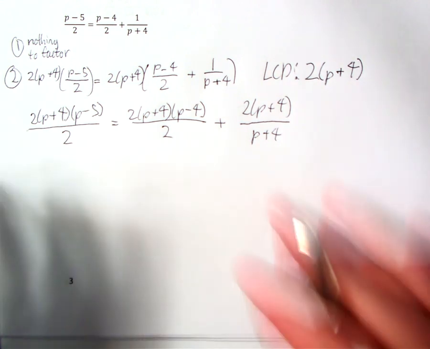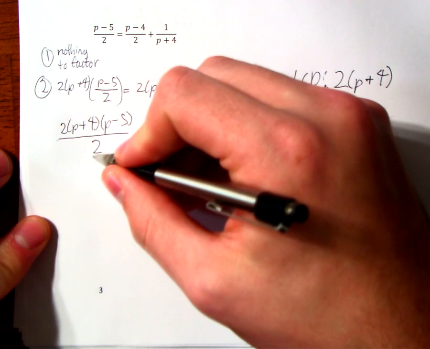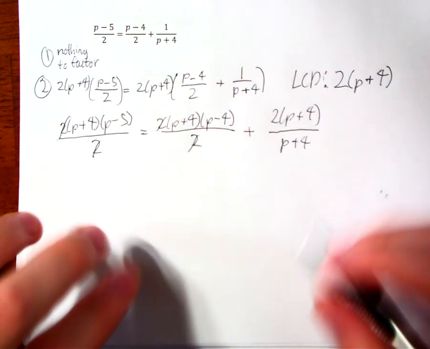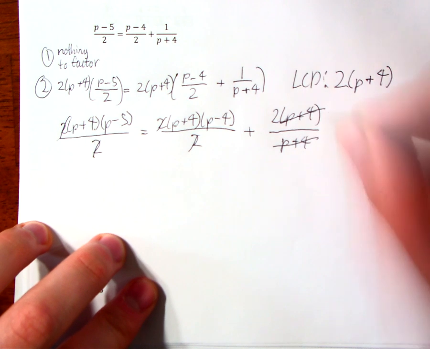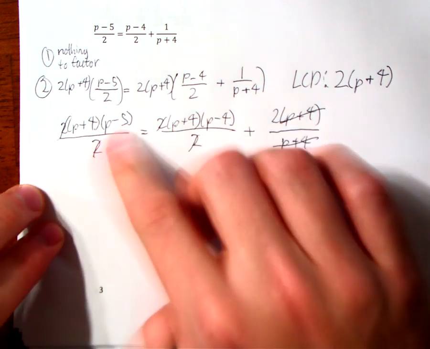Now, what cancels here? Obviously, every denominator should cancel. That was the whole point of multiplying by my least common denominator. So if I cancel everything out like that, cancel the matching factors, what do I have left?